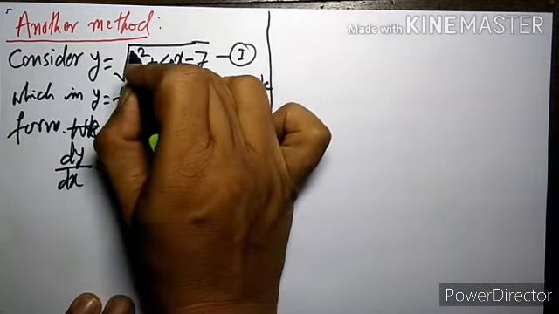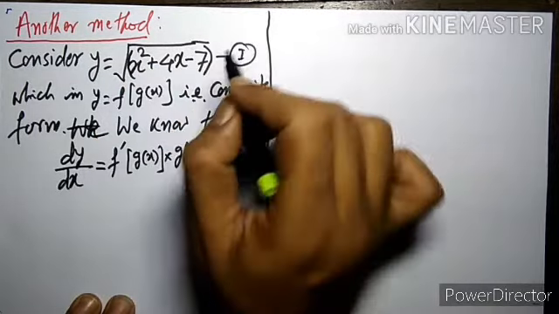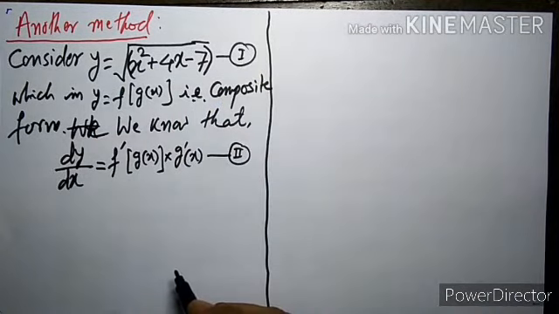Now here I will put the bracket. This is the inner function. So see, what is the outer function? It is the square root, and we know that the derivative of the square root of x is 1 upon 2 root x. Now here instead of x we will say bracket. So the derivative of the root of bracket is 1 upon 2 times the root of bracket.